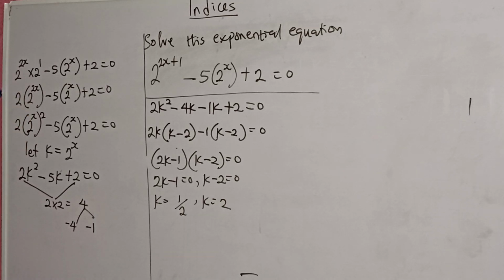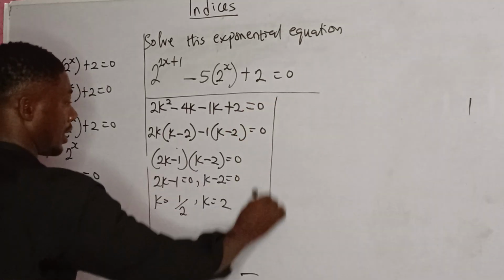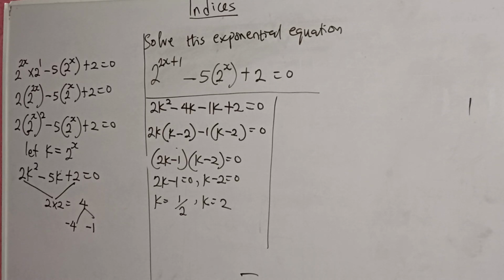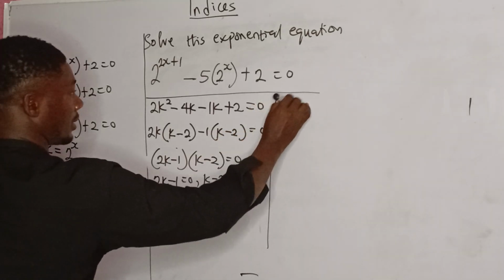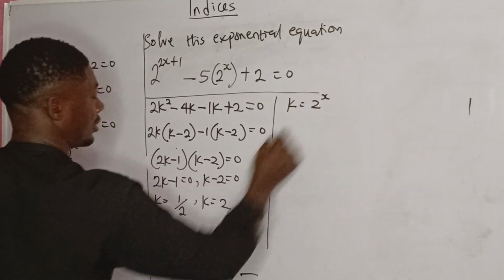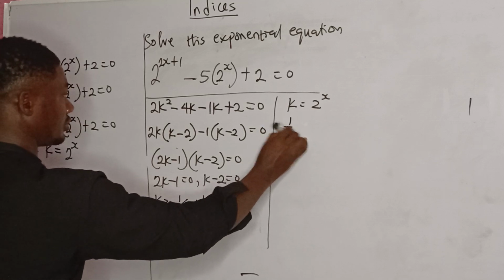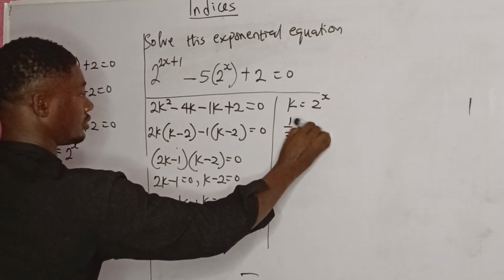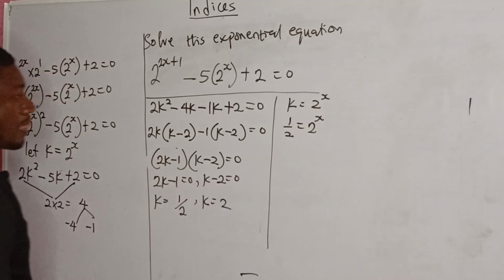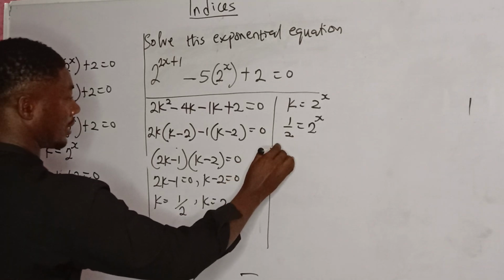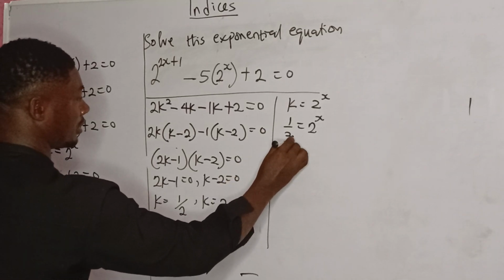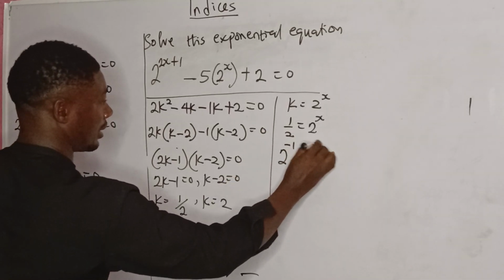Then remember that we said let k be 2 power x. So k is equals to 2 power x. We have two values of k. The first value of k is 1 over 2 equals to 2 power x. So this 1 over 2 can also be expressed as 2 power minus 1 equals to 2 power x.